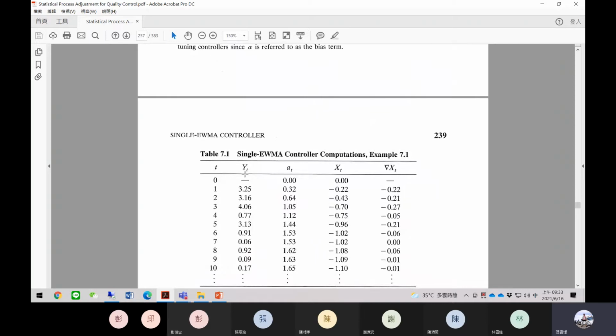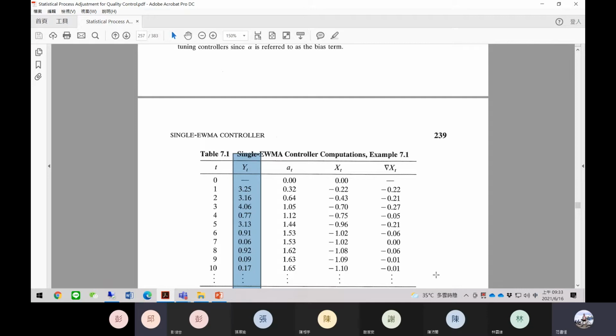Do you see that? When you look at this, what do you see? Is there any trend in the output of Y?